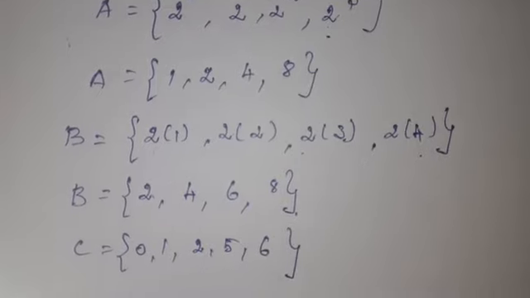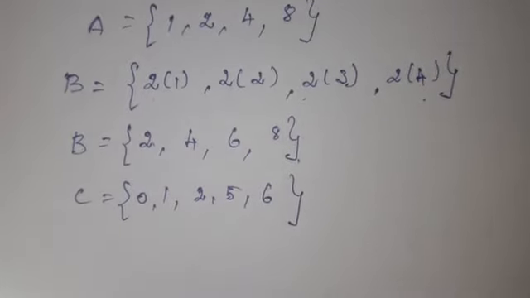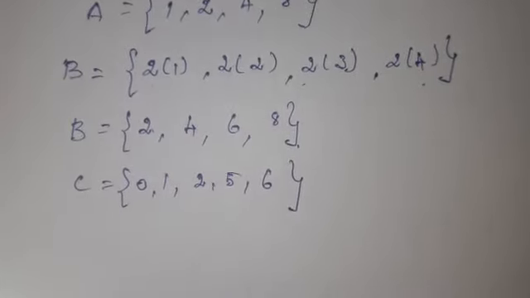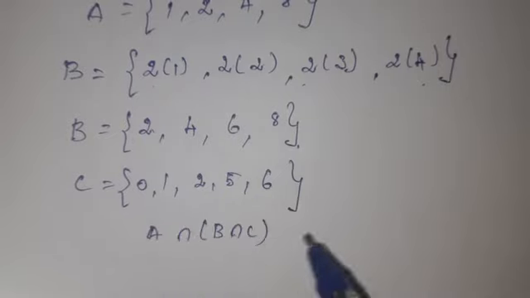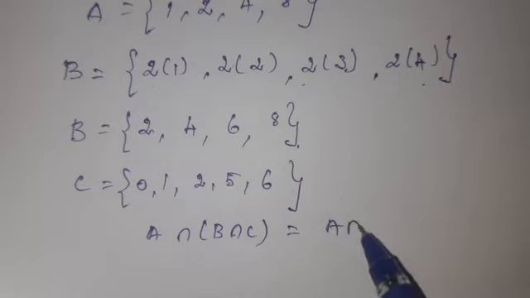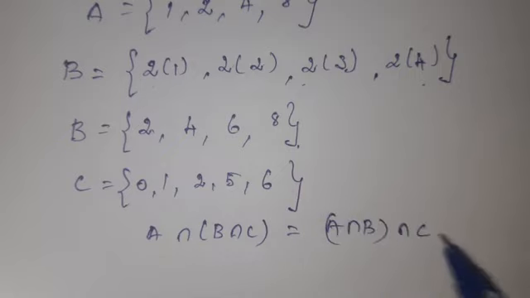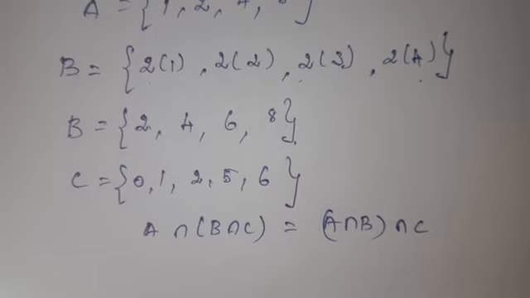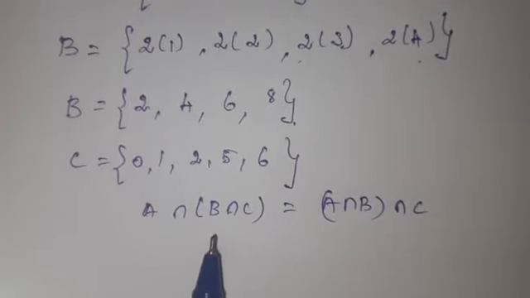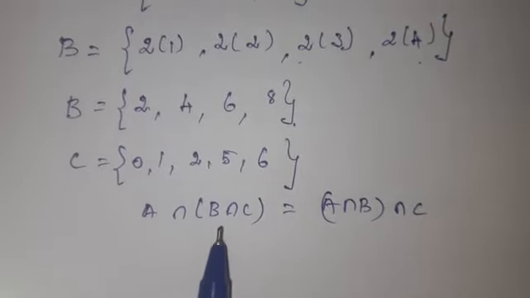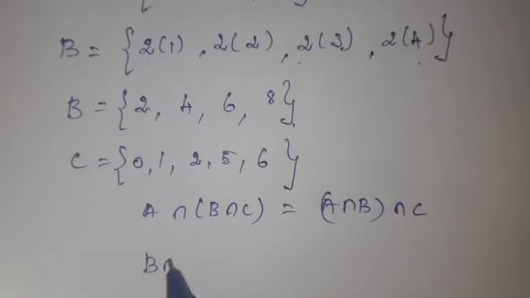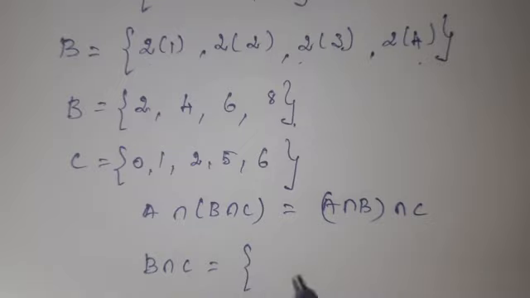Next I am going to verify the associative property of intersection of sets. The formula is: A intersection B intersection C is equal to A intersection B intersection C. First you should verify the LHS side, the first thing inside the bracket. The bracket has B intersection C. B set is 2, 4, 6, 8.